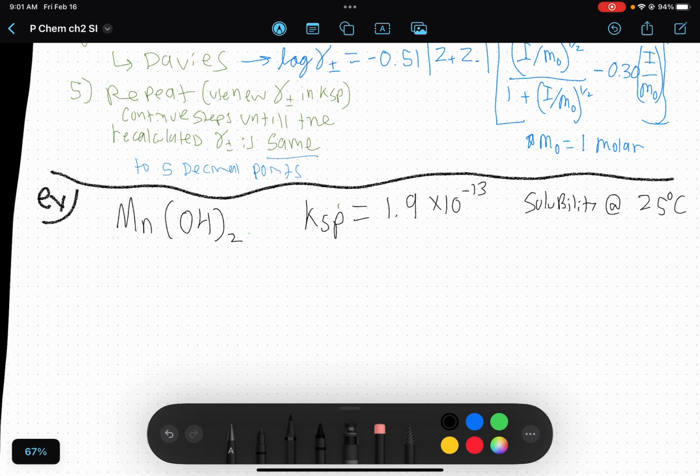I don't think we really need to know the temperature. It's just nice to know that, okay, we're keeping the temperature constant, because you have to acknowledge that solubility will change depending on the temperature of the solution. Okay.